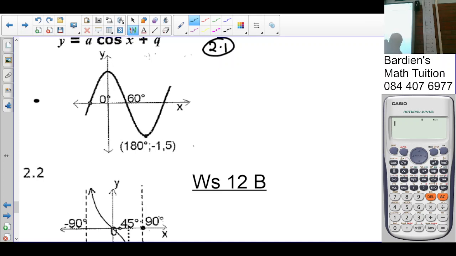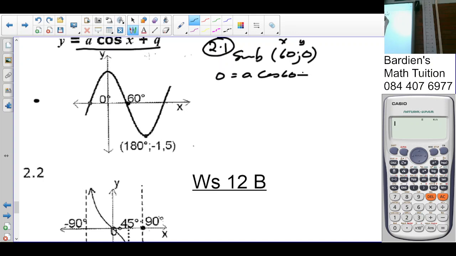Okay, I might be wrong. So what we do here, we start off by substituting 60 and 0. So let's substitute 60 and 0 into that equation, remembering that's an x and a y. So 0 is equal to a cos 60 plus q.